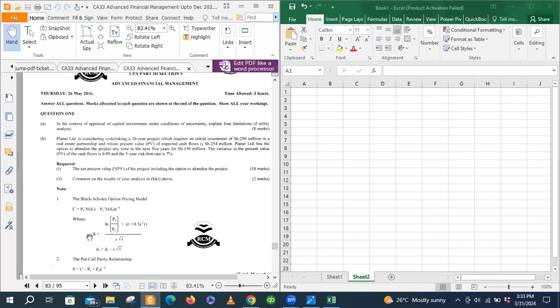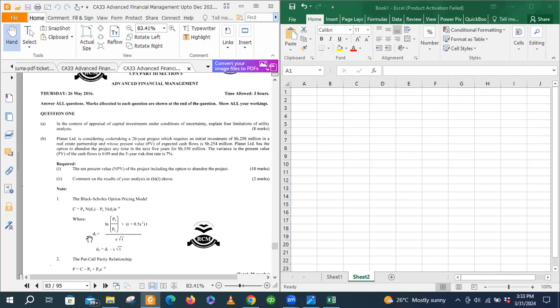Where D1 is into bracket spot price over exercise price, PA ni spot price kwetu, PE ni exercise price, plus the risk-free rate of return plus 0.5 times standard deviation squared. Standard deviation squared is the variance times the time. Divide by the standard deviation times the square root of time.